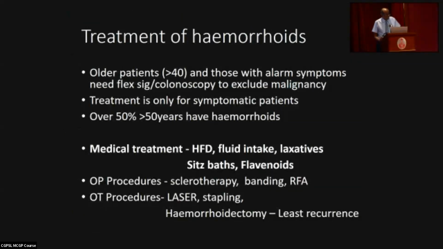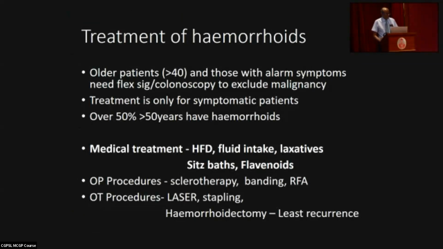So what about treatment? Now, one important thing to remember is that in older patients, these hemorrhoids may be secondary to some other lesion, and what we are most worried about is a rectal cancer. Right?